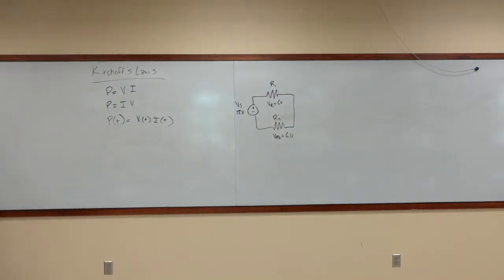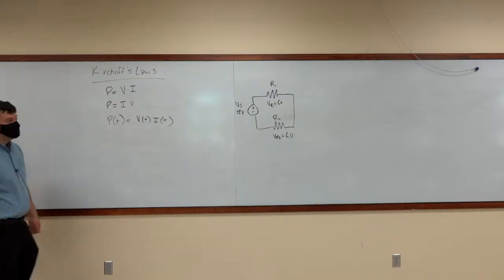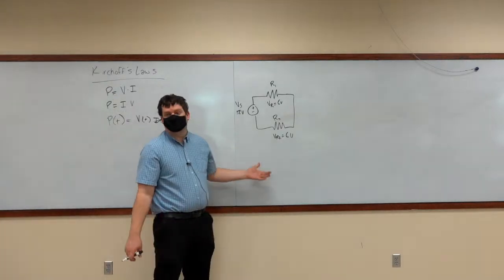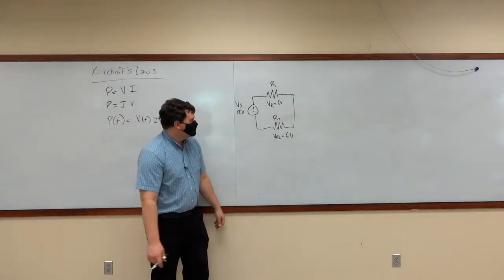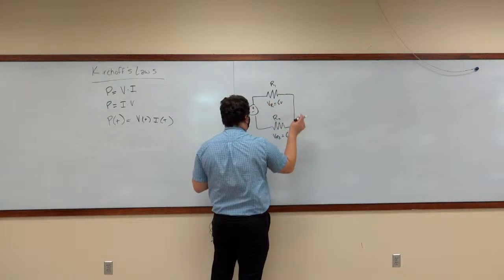Now the question is, can you figure out the power that's being consumed in this entire circuit? And the answer to that is no, because while we know what the voltages are, we don't know what the currents are. We have to know what the currents are. So if I just say, all right, we have one loop here.